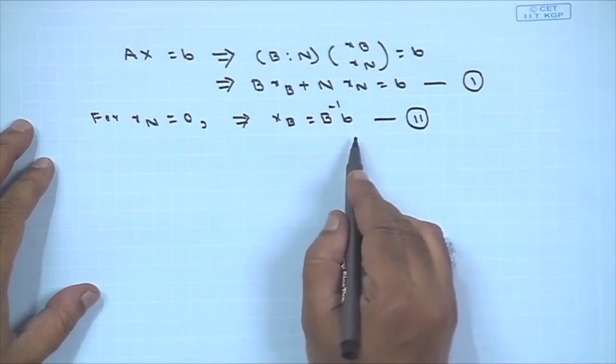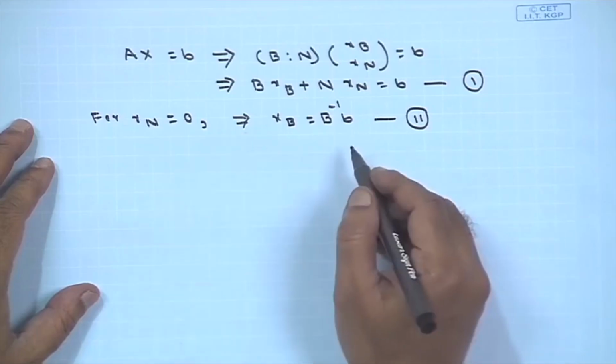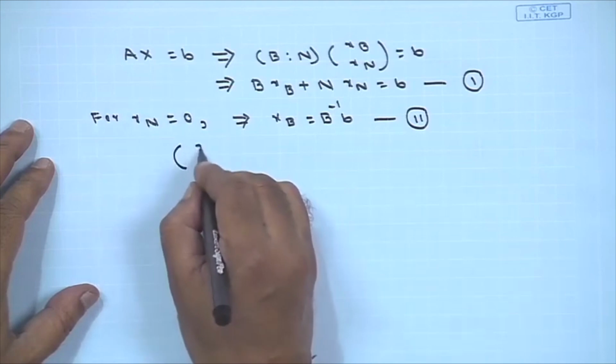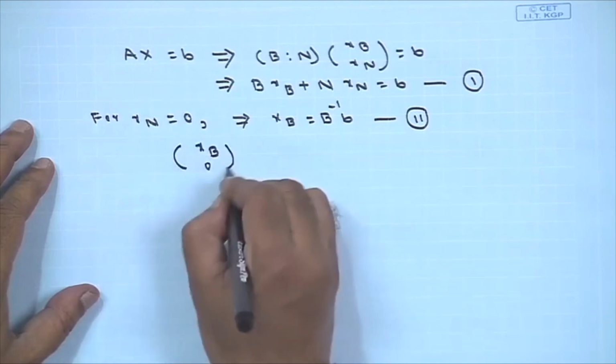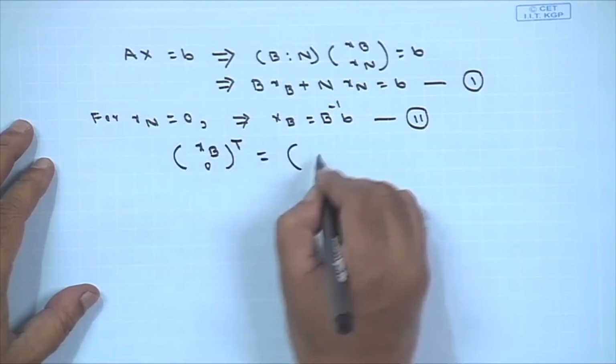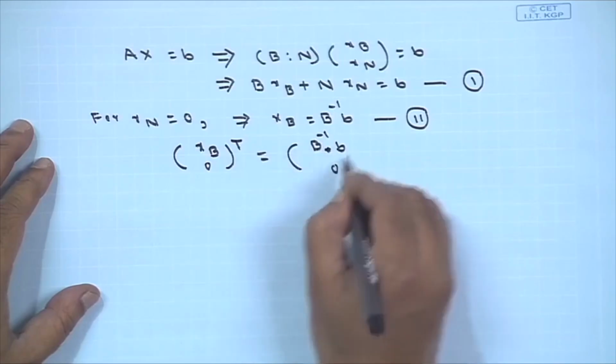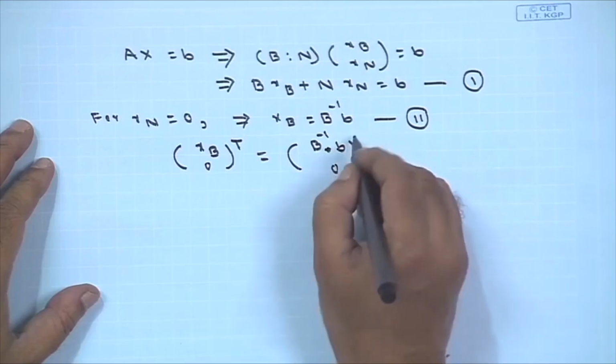Your xb is B inverse B, and since it is the basic solution you can write it in this form, xb, 0 transpose, which is equal to B inverse B, 0 transpose.